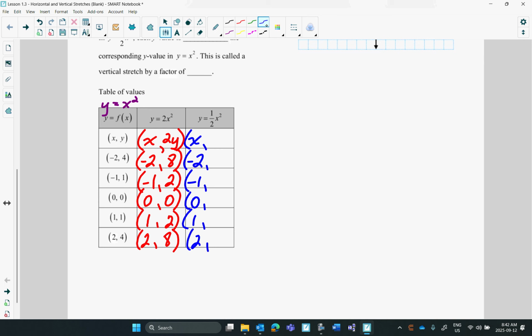So -2 all squared is 4. 4 times 1/2 is 2. -1 all squared is 1. 1/2 times 1 is 1/2. 0, 0, 1/2, 1/2, after I keep plugging all the original x values in, and 2. So what happened to each y value from its original point to its image point? We multiplied all the original y's by 1/2.